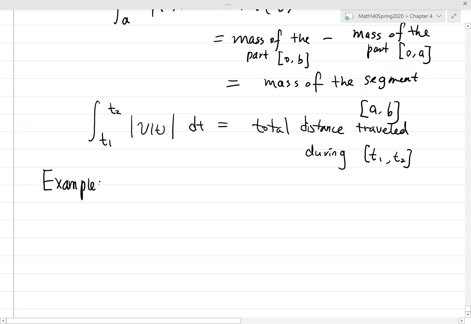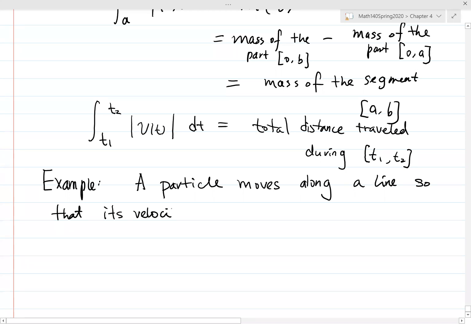Suppose we are given v(t). Suppose a particle is moving along a straight line. At time t, its velocity is given by v(t) = t squared minus t minus 6.